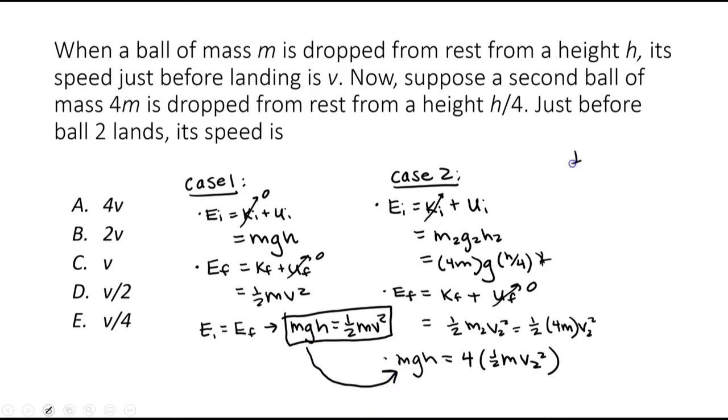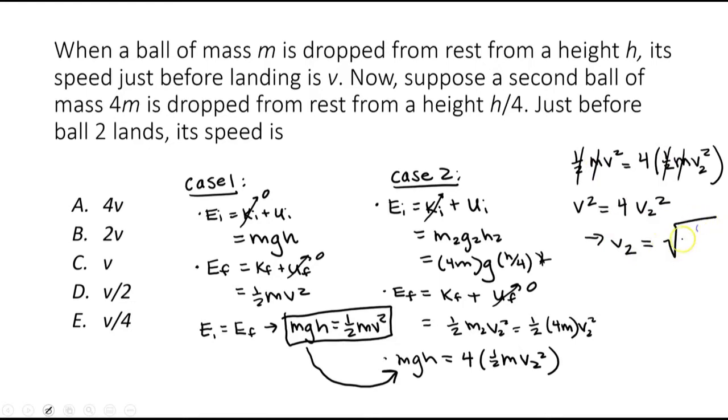That tells me that 1/2 mv squared is equal to 4 times 1/2 mv2 squared. My 1/2s cancel, my m's cancel, and we're left with v squared equal to 4 times v2 squared. Then v2 is equal to the square root of v squared divided by 4, which is really just 1/2 of v. So I would say that the answer here is D, 1/2 of v.